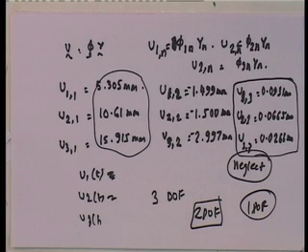Okay. So, what is the takeaway from this particular problem that I solved? One, I showed you how to use mode superposition to find out the response of a multi-degree of freedom system. Of course, in the multi-degree of freedom system, the first thing that you need to do is the free vibration analysis. Okay.